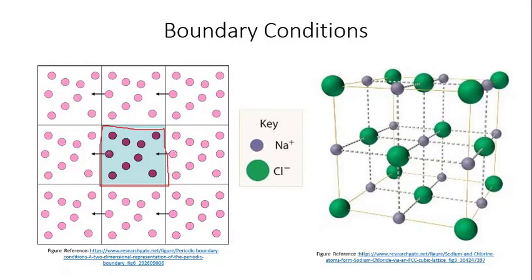That means this atom, if it goes out of the boundary, will re-enter as this atom. So it can be said that this simulation box is periodically distributed all over the space. Suppose if these atoms go here, then they will come from this side as this atom. This is called the periodic boundary, which is defined as P.